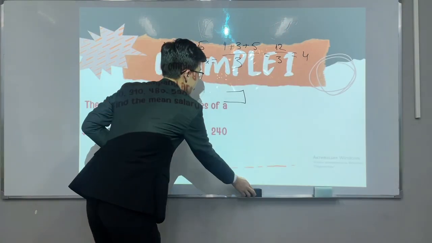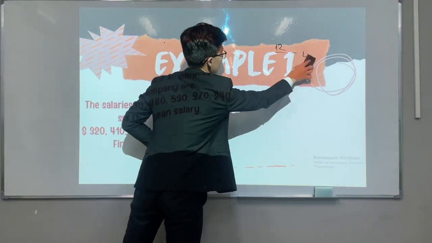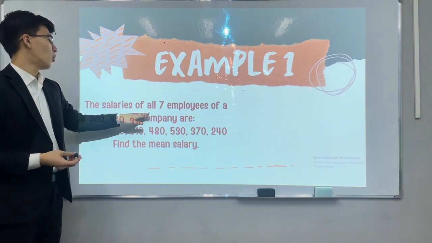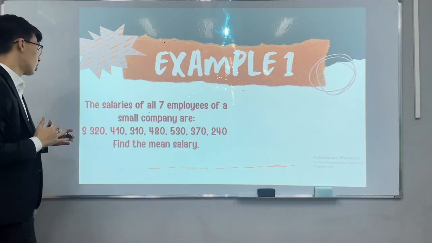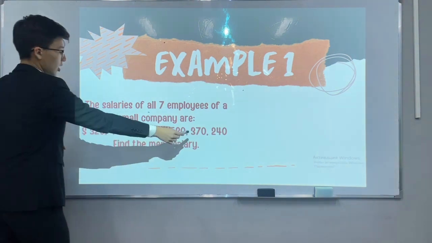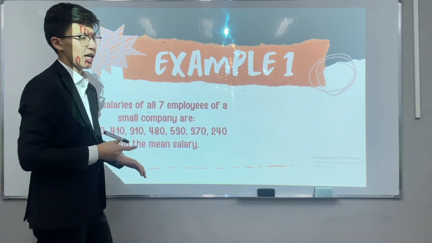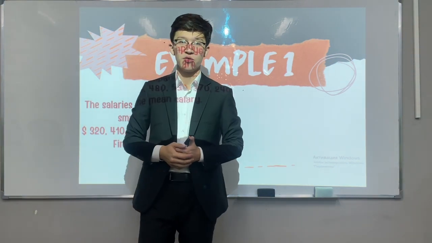Let's consider example number 1. Our given information is the salaries of all 7 employees of a small company, and we have to find the mean, which, as I said, is known as the average value.